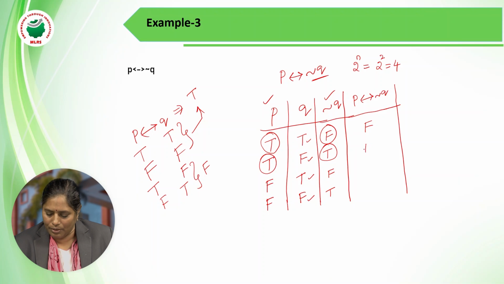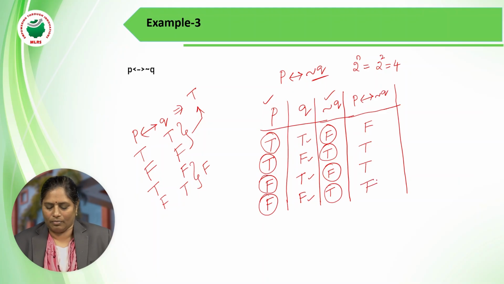Both are true, it gives true. Next, false, false. Both are false, it gives true. Again false, true, it gives true. Both are true, it gives true. Both are false, it gives true. Or if any combination is true, false or false, true, it gives false.